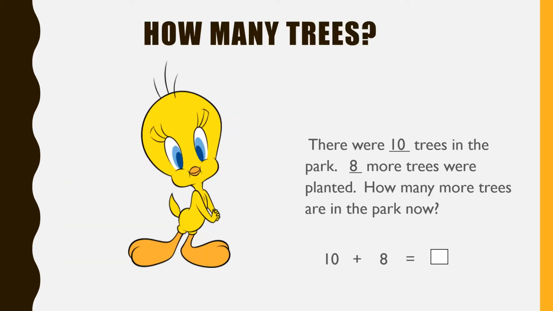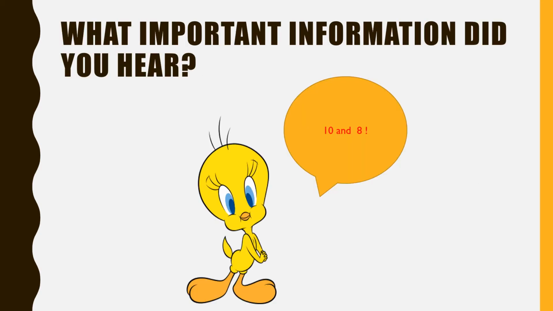Kindergarten, let's reread our story so we can listen for important information that we need to problem solve. There were 10 trees in the park. 8 more trees were planted. How many more trees are in the park now? Kindergarten, what important numbers did you hear in that number story?